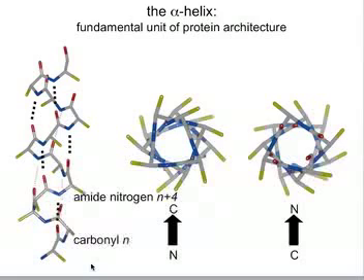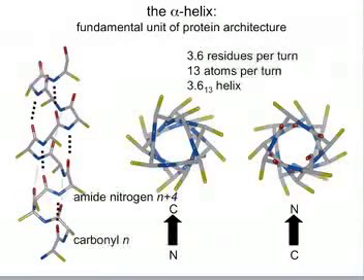Let's look a little closer. There's a carbonyl carbon N, amide nitrogen N plus 4 residues away, and I'll let you count those up. But just spend a second making that count yourself so you can see how many amino acids away the hydrogen bonding partner of that first carbonyl is.